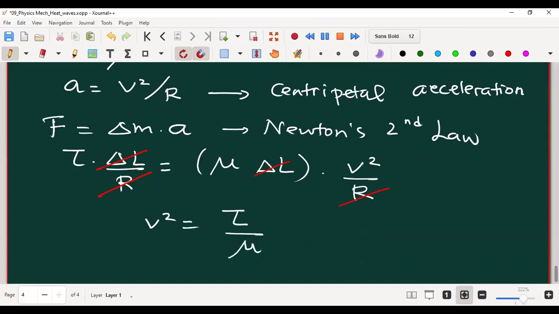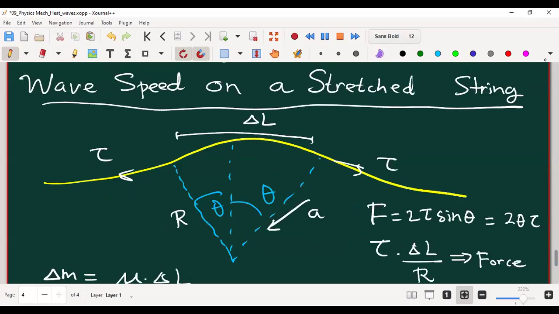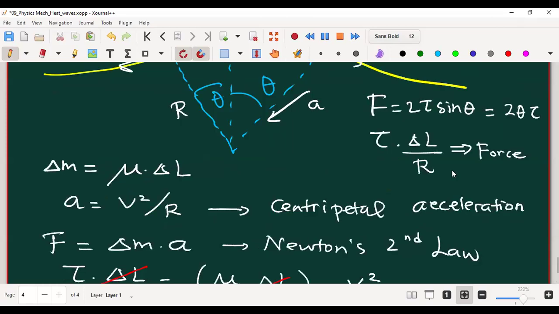Tau is the tension of the string, and mu is mass divided by length. So the velocity here, v is equal to the square root of tau divided by mu. Okay. So tau is the tension of the string, and mu is mass divided by L.